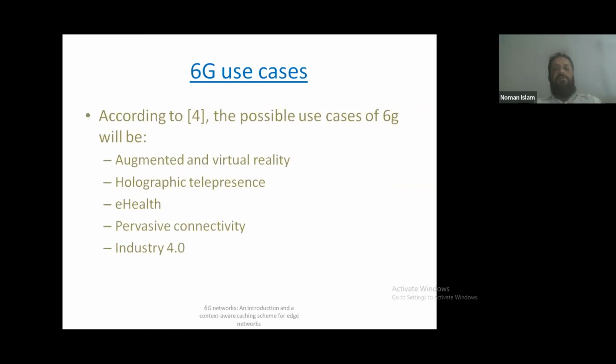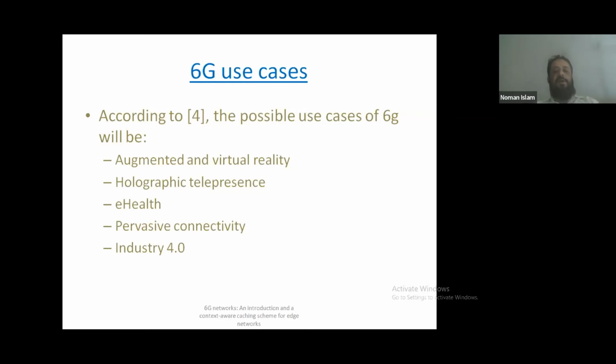So what are the use cases of 6G networks? According to different research papers, the possible use cases of 6G will be augmented and virtual reality, the extended reality concept, and holographic telepresence. By use of holography, we will have a 3D perception of the person available remotely. Then e-health services are possible.